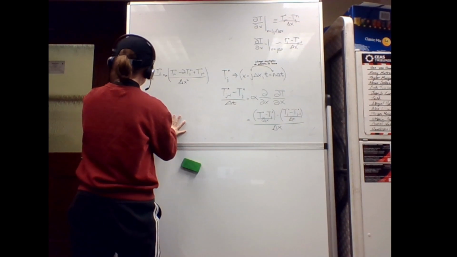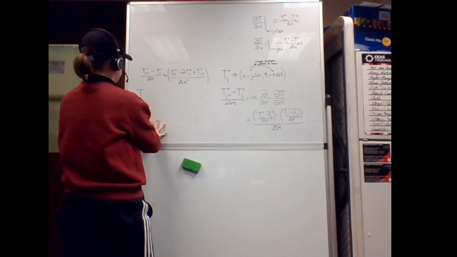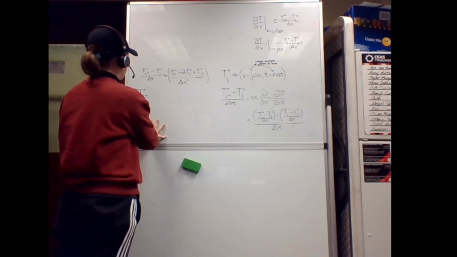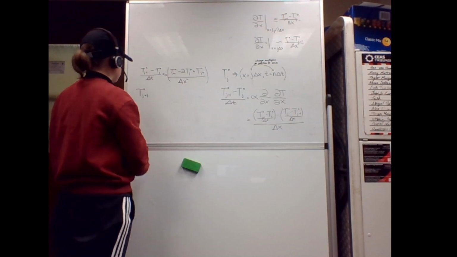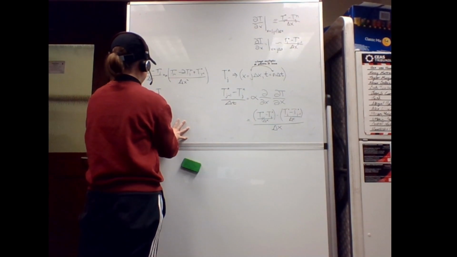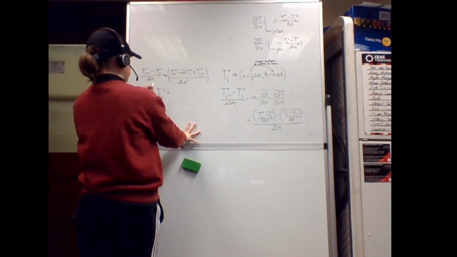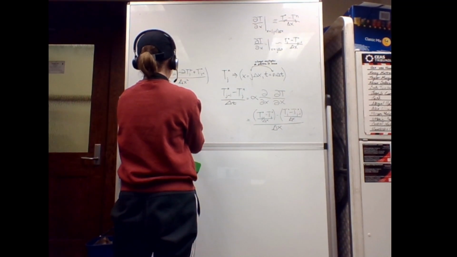So now all we have to do is simplify. We're going to have T j plus 1, so we're looking for the temperature at the next position step. That's what we're solving for. And we're setting this equal to, now we have a T j to the n, the one right before it. So before we added this to this side, we pulled out this change in x squared.